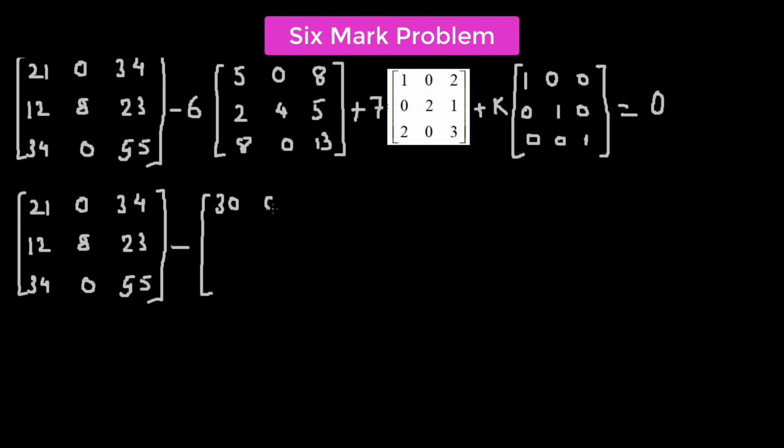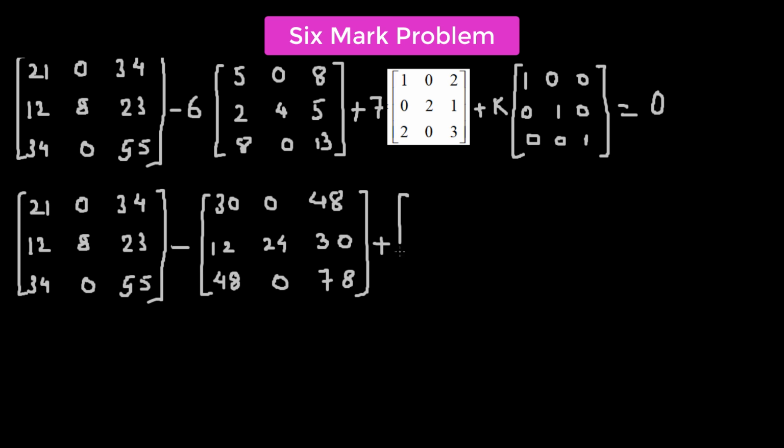30 0 48. 6 times 2 is 12, 6 times 4 is 24, 6 times 5 is 30, 6 times 8 is 48, 6 times 0 is 0, 6 times 3 is 18, 6 times 13 is 78.